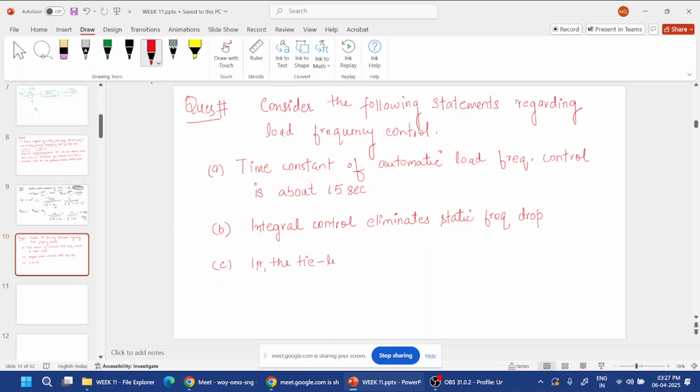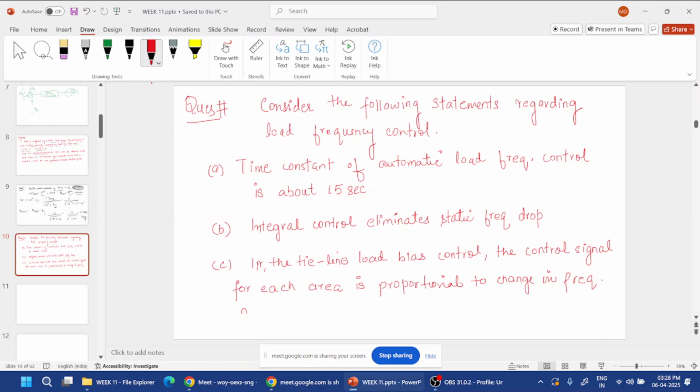In tie line bias control, the control signal for each area is proportional to the change in frequency as well as the change in tie line power.